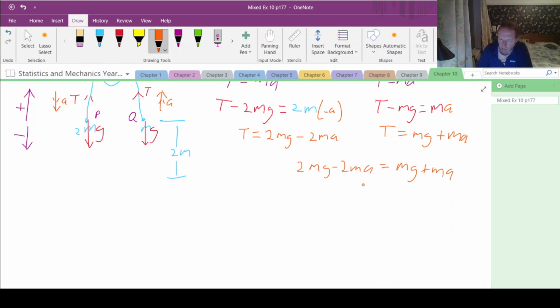Trying to get all the a's together, aren't we? So I'll bring the 2ma over this side, and I will get 3ma. And we will bring the mg this way, so that becomes 2mg take away mg, which is just mg, and of course mg divided by 3m is equal to a.